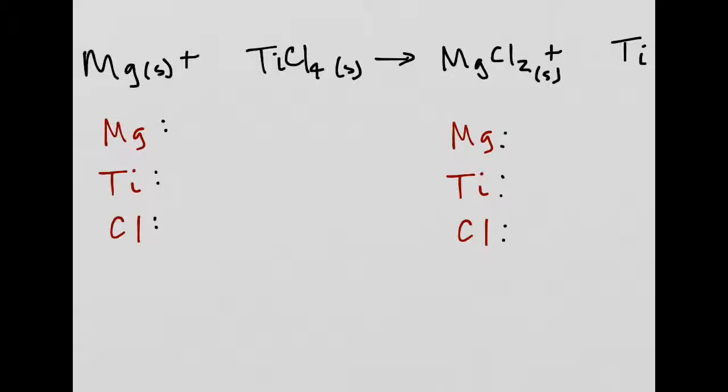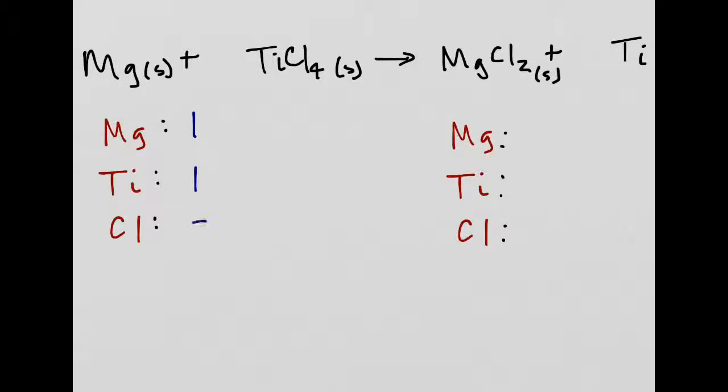This is a very important thing to do, because if you skip this step, at least initially, you start losing track of things very quickly and it gets bad for you. So for magnesium, we only have 1 on this side, so I put in my 1 here. Titanium, we only have 1 of those. And my chloride ions, or chlorines, we've got 4 of those.